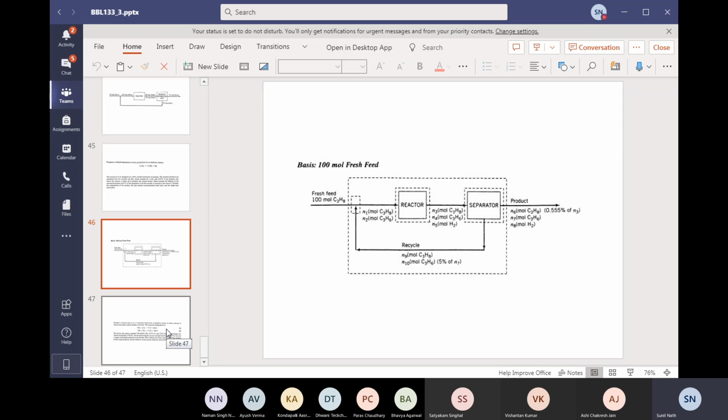So in this, because 100 is coming in, what you have to find, in his notation, is N1 plus N2 upon 100 for the recycle ratio.